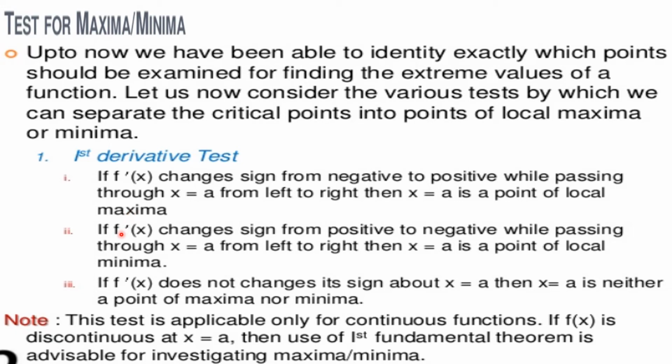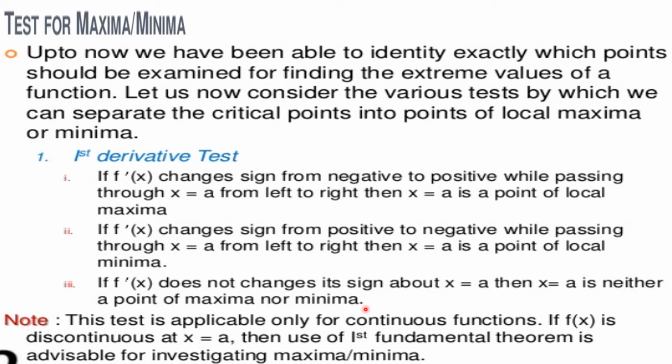First derivative test: if f dash of x changes sign from positive to negative while passing through x is equal to a from left to right, then x is equal to a is a point of local minimum. Okay, my children, this point also we have discussed graphically in the previous slides. If f dash of x does not change its sign about x is equal to a, then x is equal to a is neither a point of maxima nor minima.